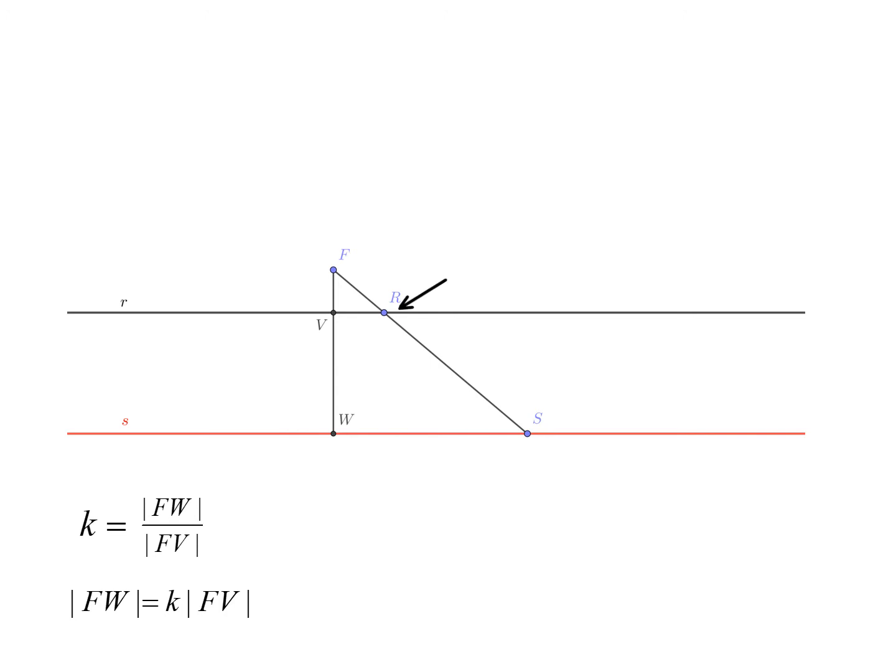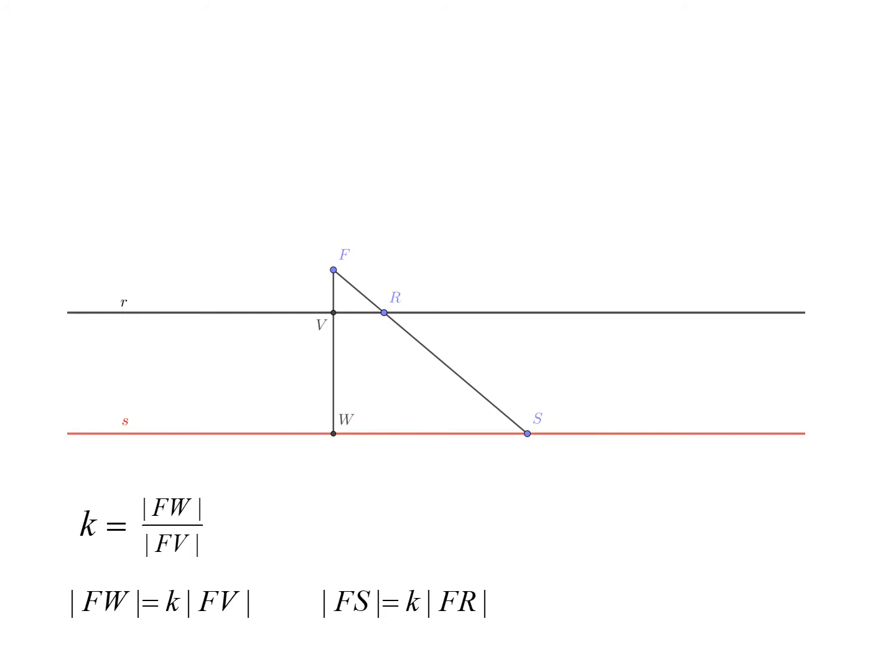Let now R be some point on the line R. The line through F and R intersects the line S in the point S. Because the lines R and S are parallel, the triangles FVR and FWS are similar, and therefore we have FS equals k FR as well.